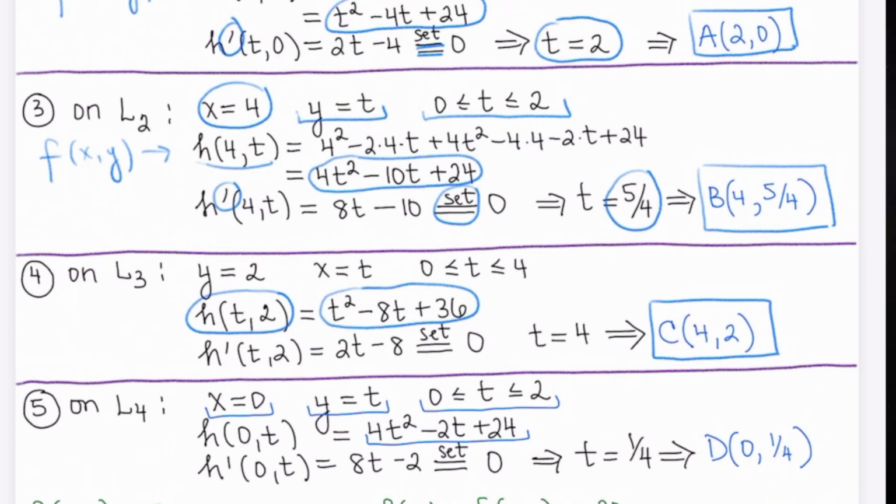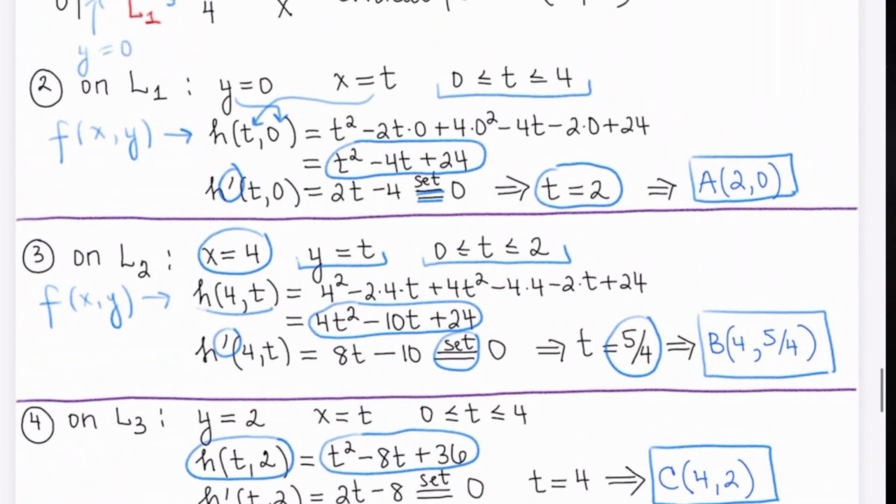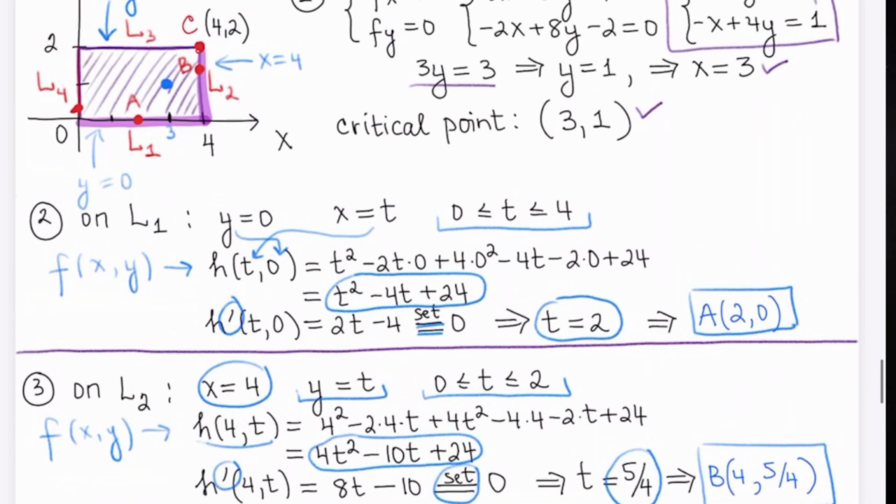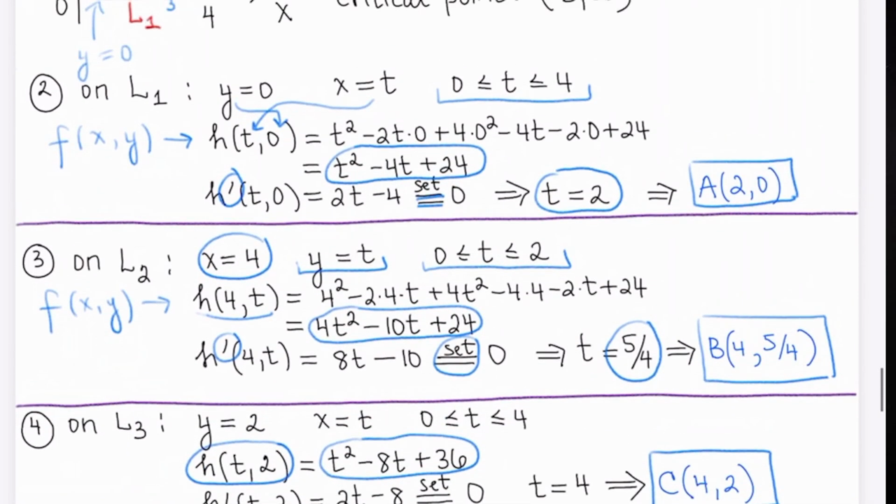We differentiate it, set that equal to 0, solve for t. T turns out to be 1/4. So our last point is (0, 1/4). And let me go ahead and mark it on our graph. So (0, 1/4), somewhere here, roughly. Okay, let's call it point D. All right. So that's where we have local minima.